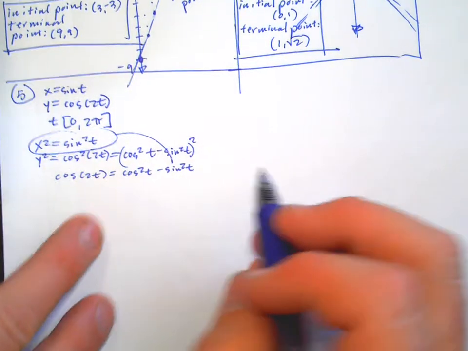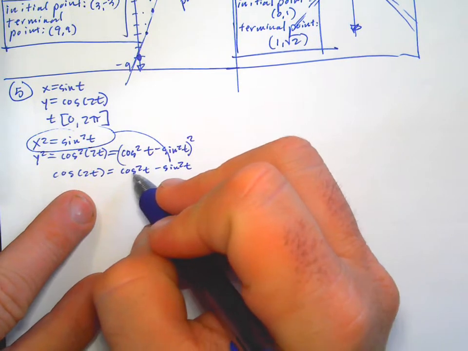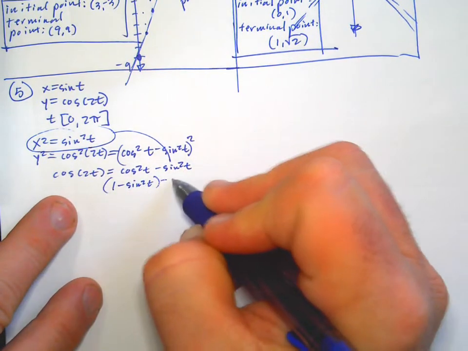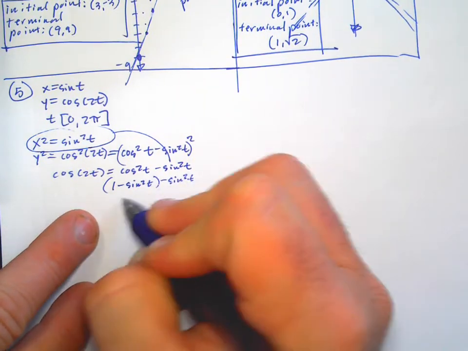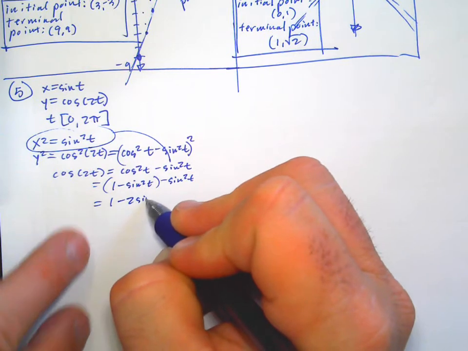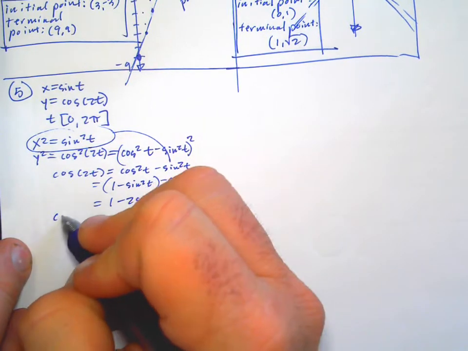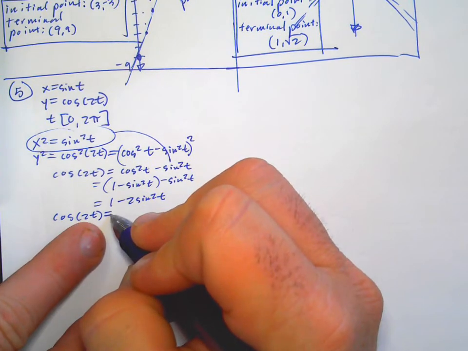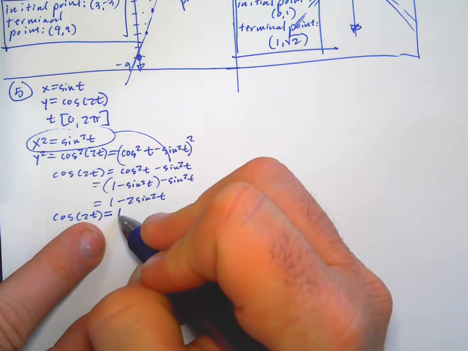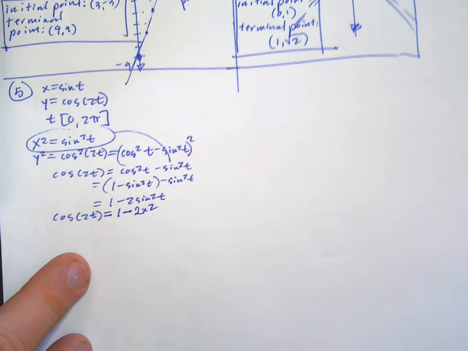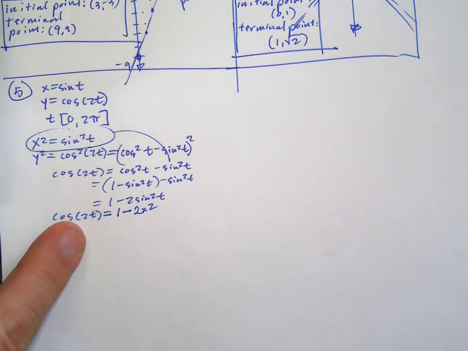So it's kind of like substitution, but we need to get rid of the cosine squared. Cosine squared is 1 minus sine squared, using that same Pythagorean identity, right? And so this is the same thing as 1 minus 2 sine squared. So another way of writing cosine 2t is that it is 1 minus 2x squared. And we know that this equals y, right?